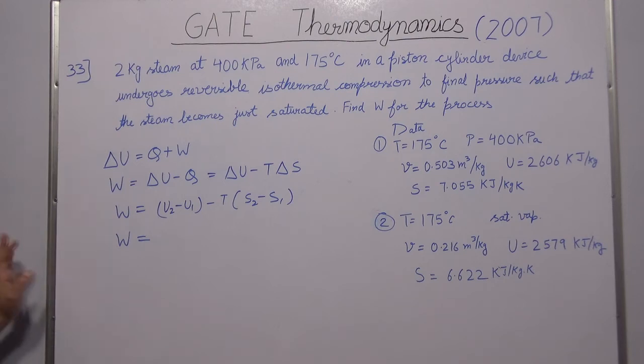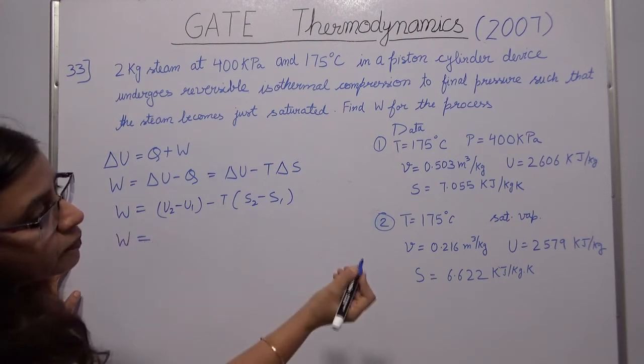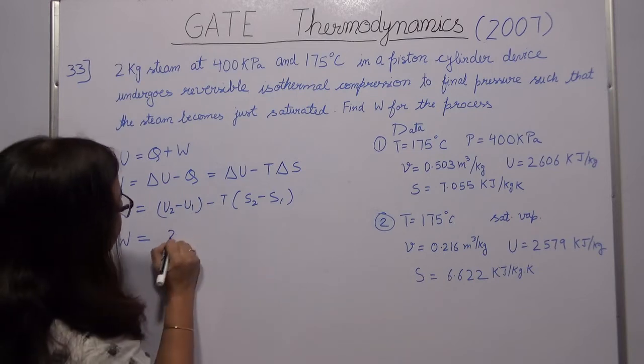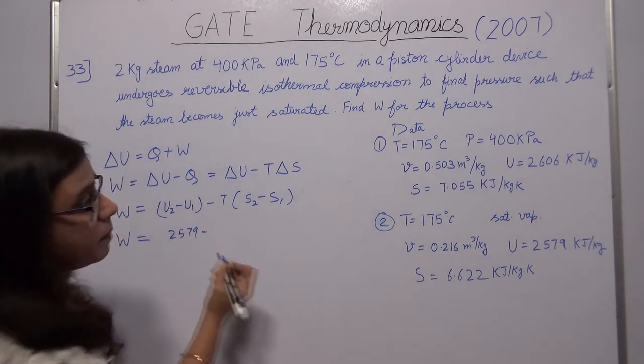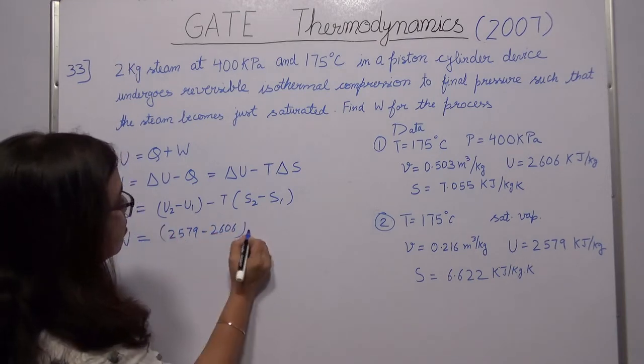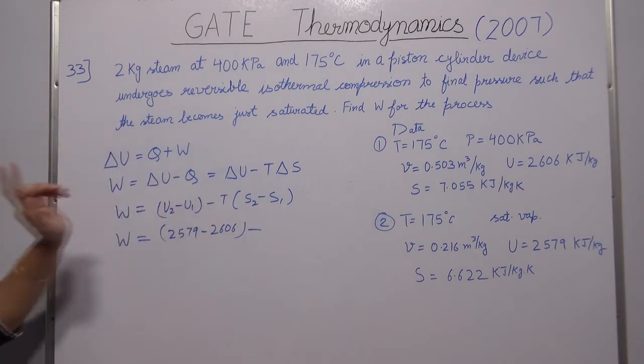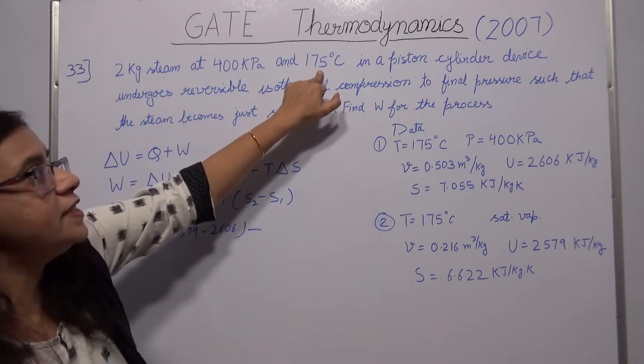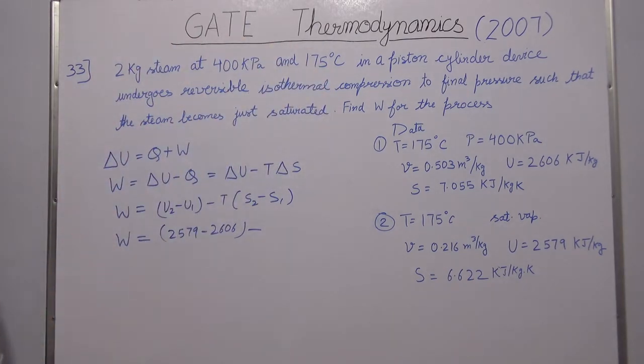So what is your U2? Let's see, 2579 minus U1, that is 2606, minus T. What is T? That is 175 degrees centigrade. Don't forget to always convert your temperature in degrees Celsius into Kelvin. When you convert it, just add 273 to it and you get 448.